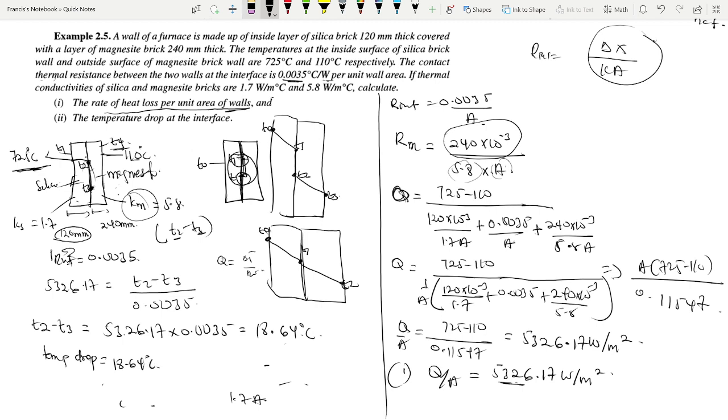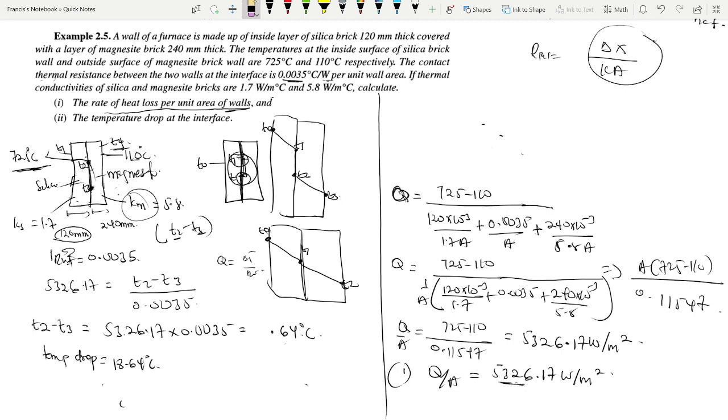Now, how do we validate that? Or how do we know that that is correct? So we can also try another method. We can find T2, find T1 separately, and then we subtract them. And let's see if that will give us the same answer or even very close to the answer. Right.